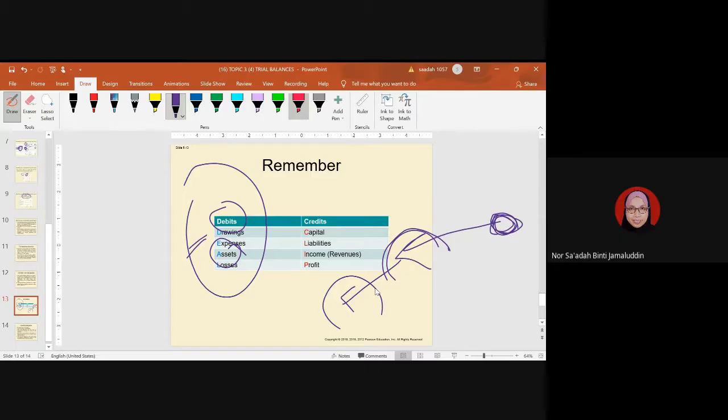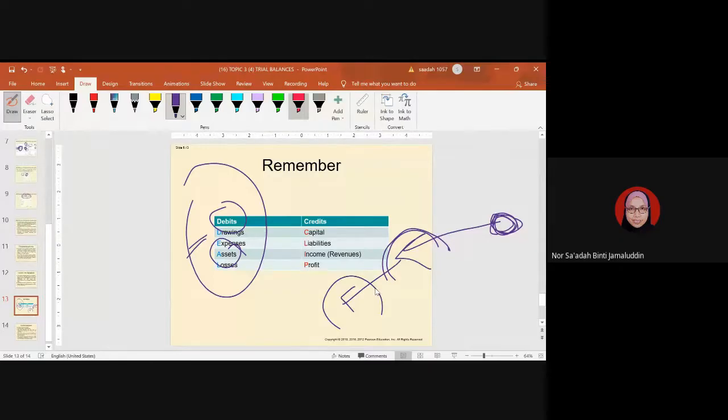But let's say when we do the balancing off, we get the balance brought down in a credit side. So don't panic, because bank has a special treatment. Okay, when we get the balance brought down for the bank in a credit side, it means that this becomes our overdraft bank.